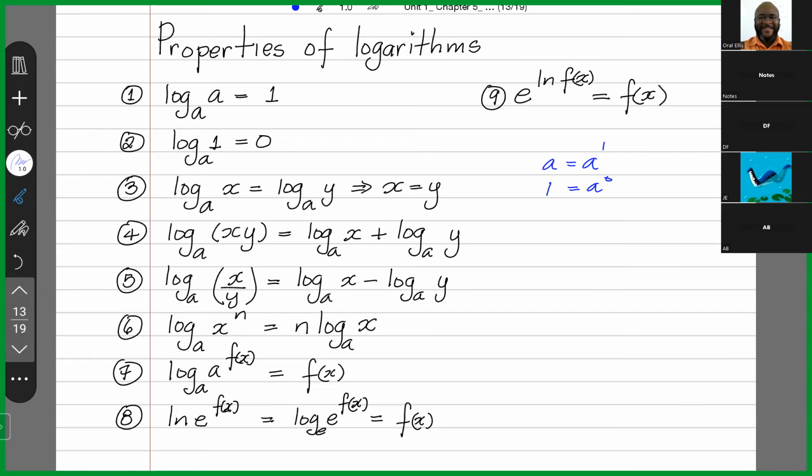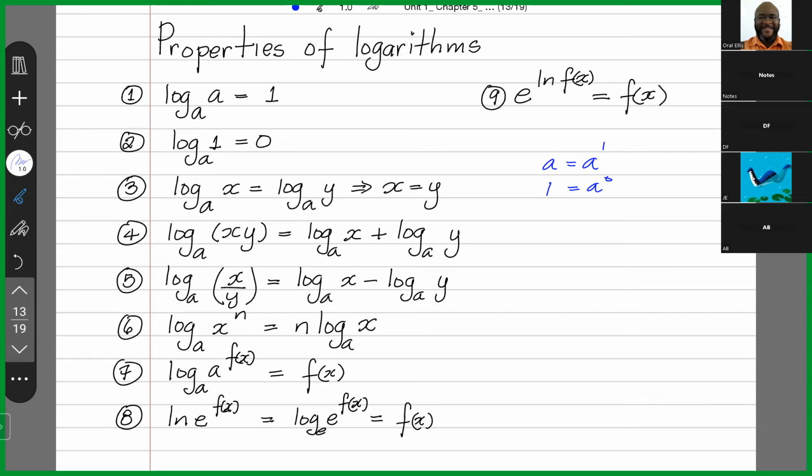All right. And of course, all of these properties or laws of logarithm have their origins in the laws of indices. Here's another one.